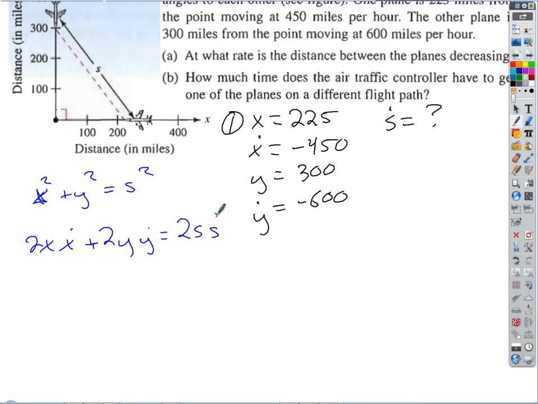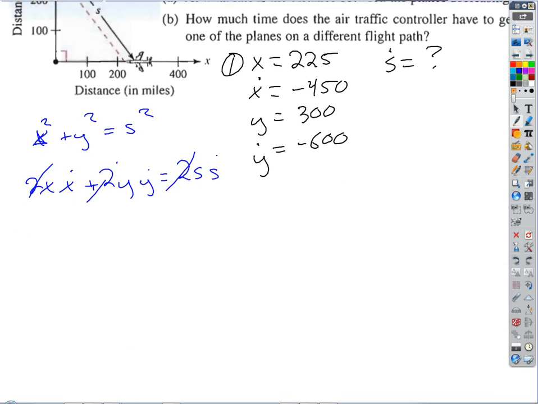Divided by 2s. And S is really just the square root of x squared plus y squared, right?